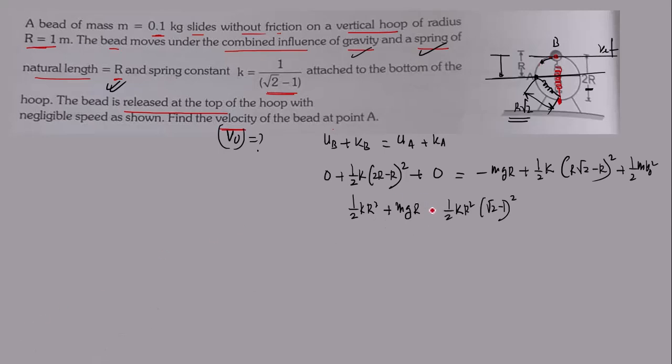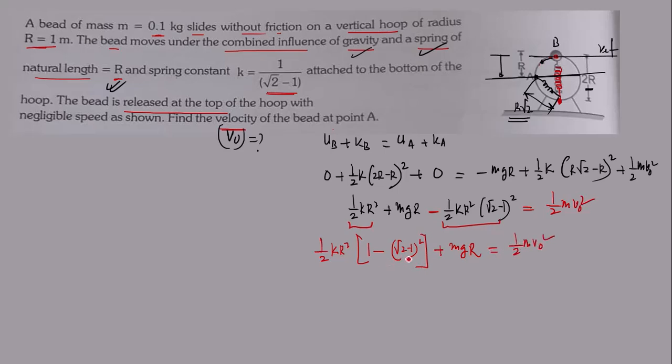That should be equal to half m V naught square. Taking half k R square common, that should be 1 minus (root 2 minus 1) whole square, plus mgR, equal to half m V naught square.